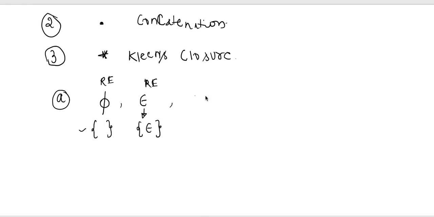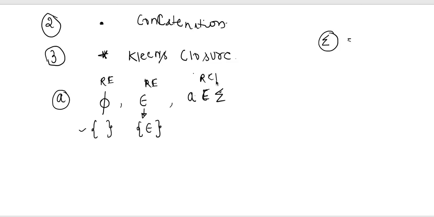Then we have, see, when we used to draw the finite automata, we were having something called as the input alphabet. Okay, so whatever input alphabet is, it is also present in the regular expression. So I'm writing a belongs to sigma, see, this is belongs to, not epsilon. Okay, a belongs to sigma.